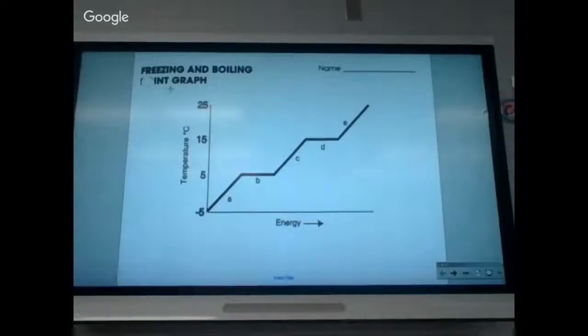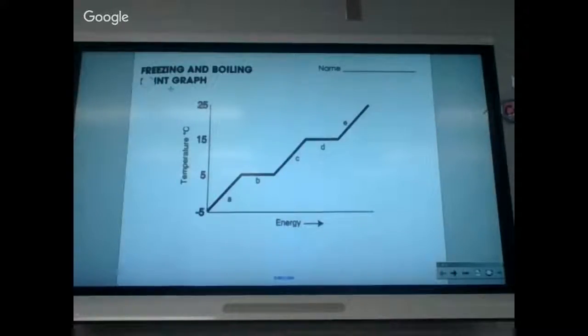I think it's easier to talk about 10 first and then do 9. What letter represents a change in kinetic energy? A and C. Kinetic energy is about motion, right? The temperature changes motion.